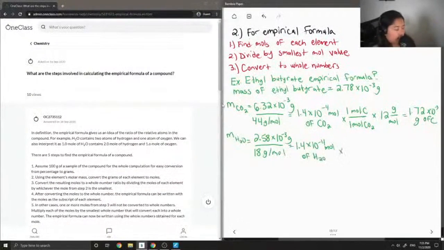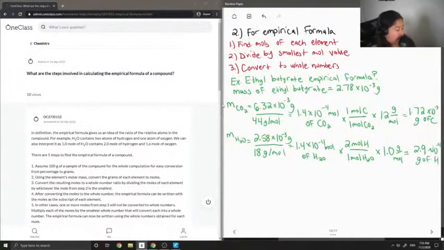To find the moles of hydrogen, there are 2 moles of hydrogen in every 1 mole of water. And then to find the mass of hydrogen, I'm going to multiply by hydrogen's molar mass, and then I get 2.9 times 10 to the negative 4 grams of hydrogen.